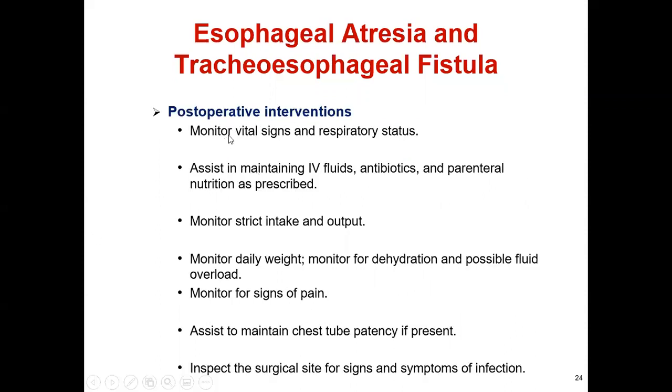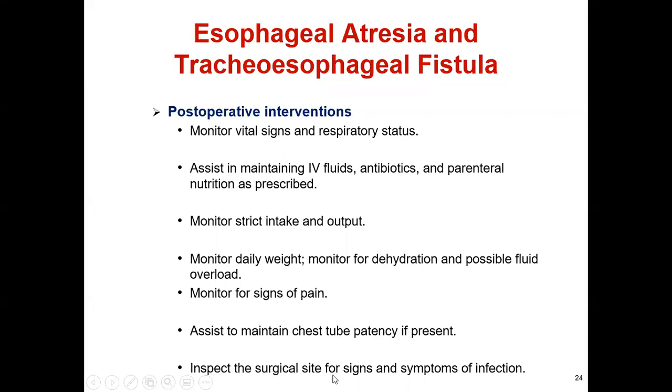What next? The postoperative intervention. Basically monitor the vital signs and respiratory status, assist in maintaining IV fluid, antibiotics, also parenteral nutrition, monitor strict input and output, monitor daily weight, monitor for dehydration and possible fluid overload, monitor for signs of pain, and assist to maintain chest tube patency.